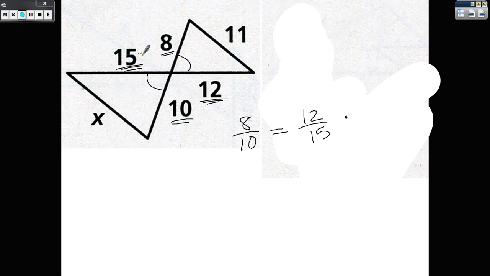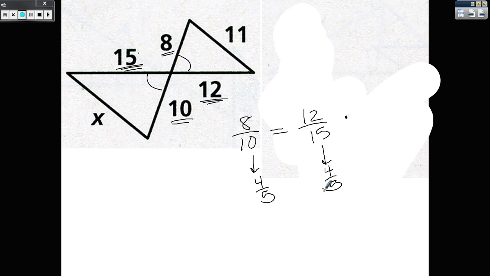If I can cross multiply, or if I can reduce the fractions down, we're going to have the exact same ratio, hopefully. If we don't, then we can't set up proportions. So if I reduce this down, I have 4/5, dividing both those by 2. If I divide both these by 3, I also have 4/5. So it's a good thing. We've got the same ratios.